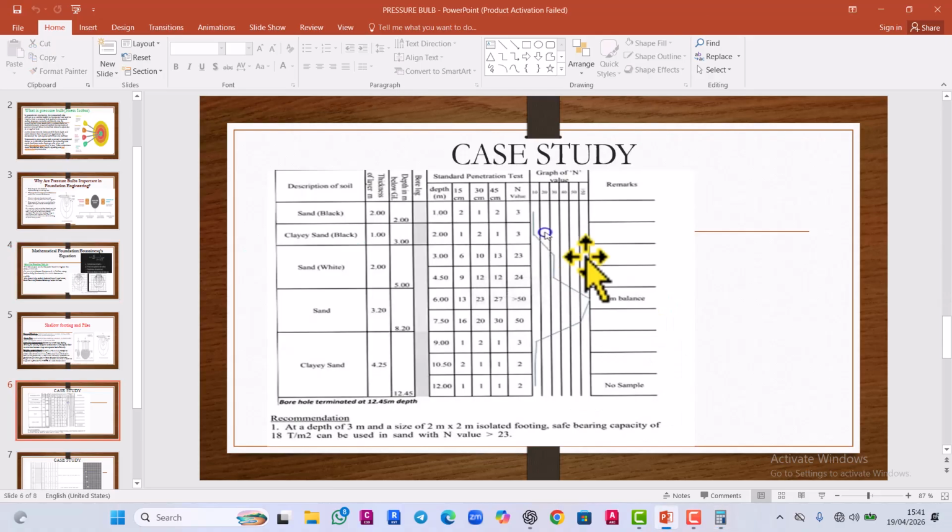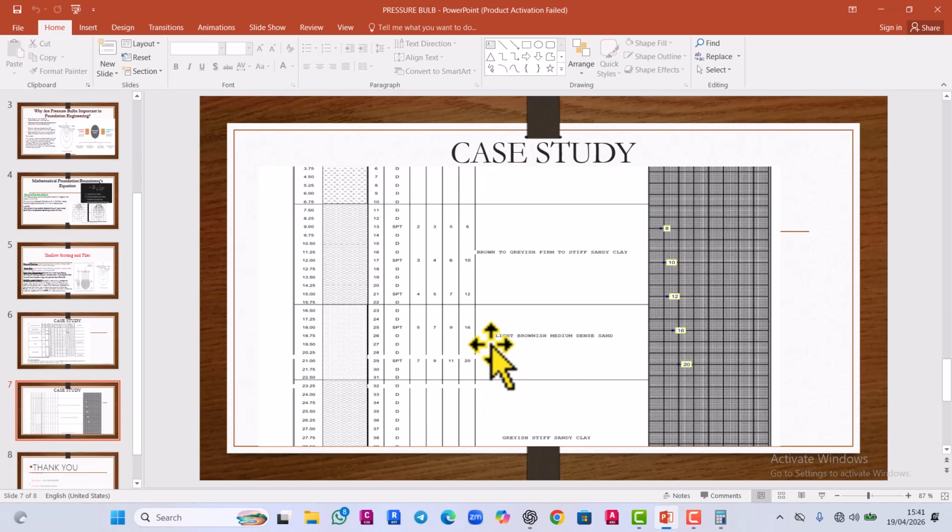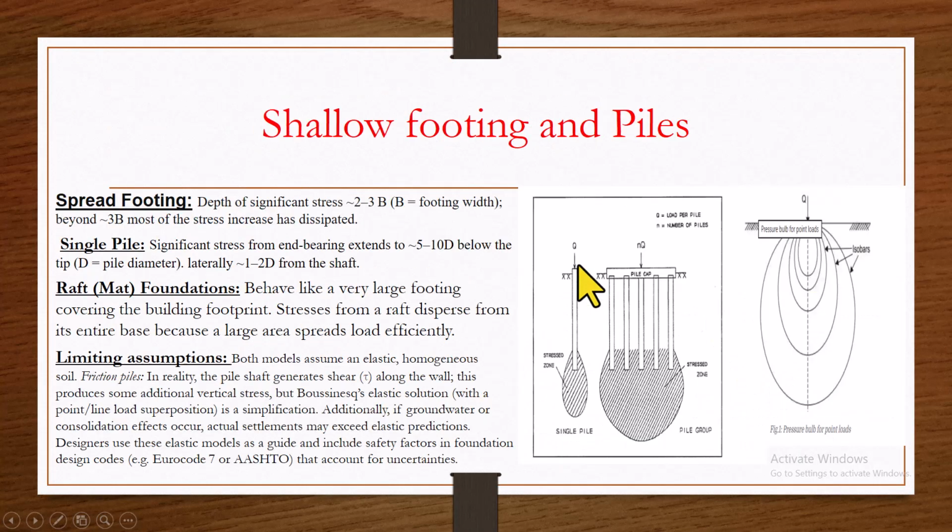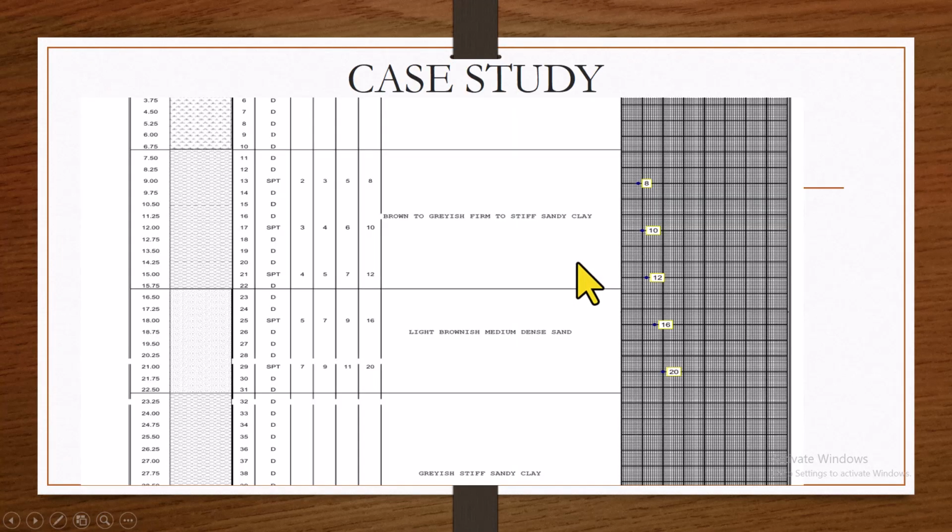So, having said that, this is a case study. Likewise, this one as well. According to this, sorry, it was not written, but I just brought it out as an example. According to this, it was recommended that the pile should be terminated at 18 meter.